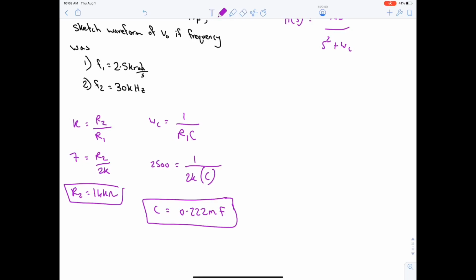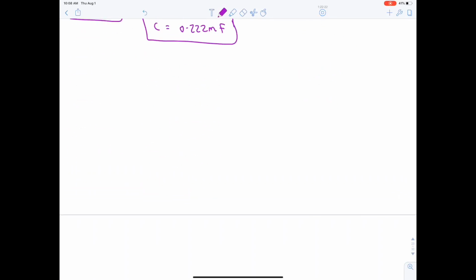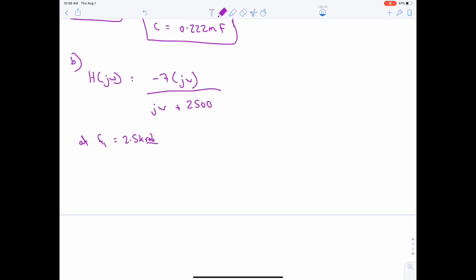That's for part A. Part B, we need to sketch the waveform at these two frequencies, and Vi is 9, so we have to multiply the magnitude with the input. Part B, first you have to do it using the calculator. So here it will be minus 7 j omega divided by j omega plus 2500 at f1, which is 2.5 kilo rad per second.